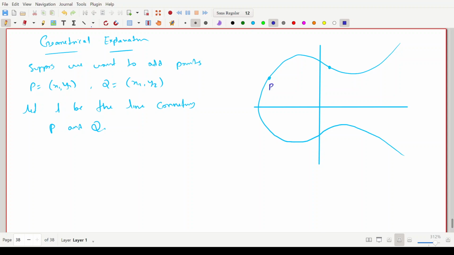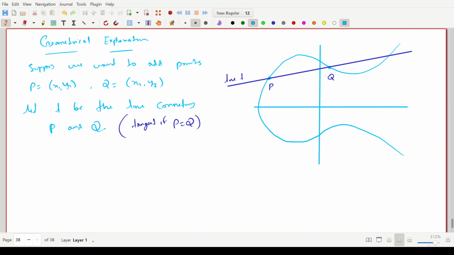This is point P, this is point Q. What I have to do is draw a straight line passing through these 2 points. Suppose this is the line which we are drawing. This is called line L. And it will be a tangent line if P and Q are same. It will be a tangent if P is equal to Q. That is obvious.